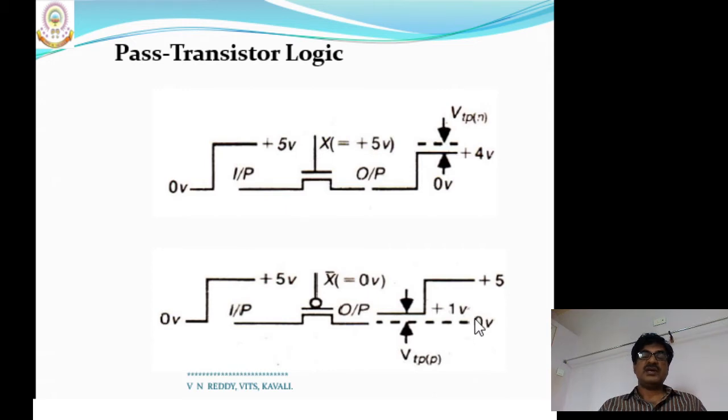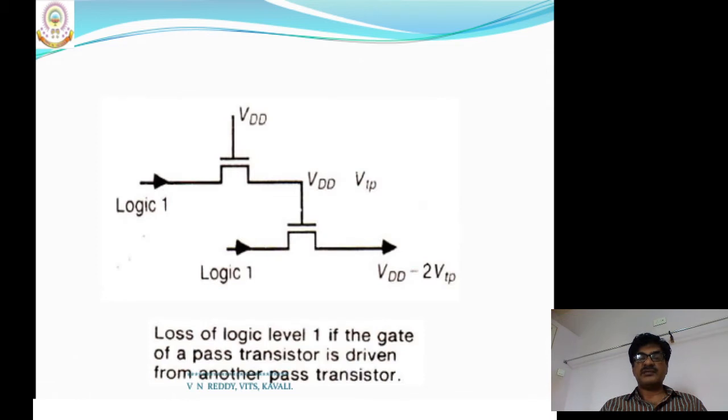So we can say easily the NMOS pass transistor is poor at logic 1 but good at logic 0 transmission, whereas PMOS transistor is poor at passage of logic 0 and good at passage of logic 1. Okay. Now let us see the realization of this pass transistor.